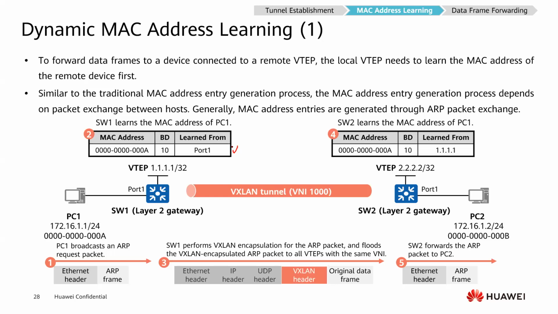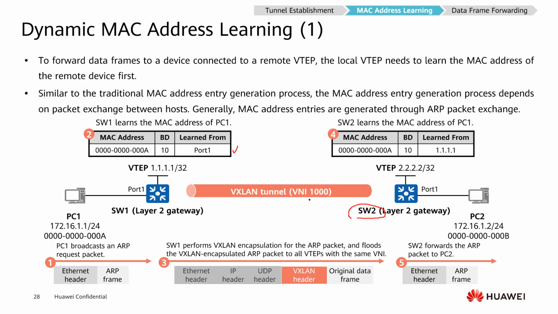All right, and then switch 2 will receive this VXLAN packet, and it will decapsulate the packet and find the VNI inside the packet. It is VNI 1000, and it has a configuration for VNI 1000.